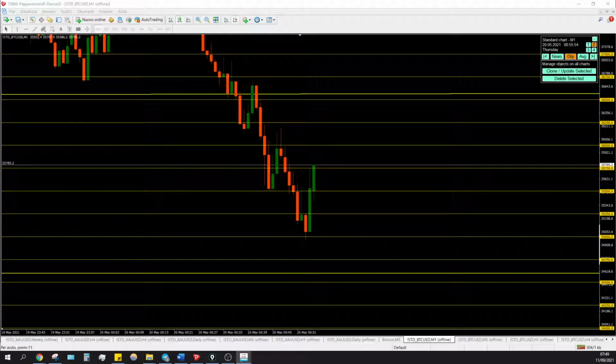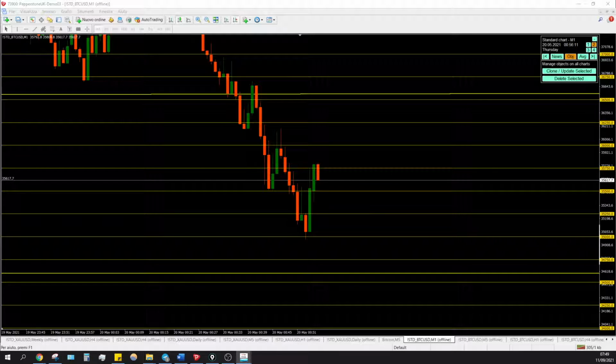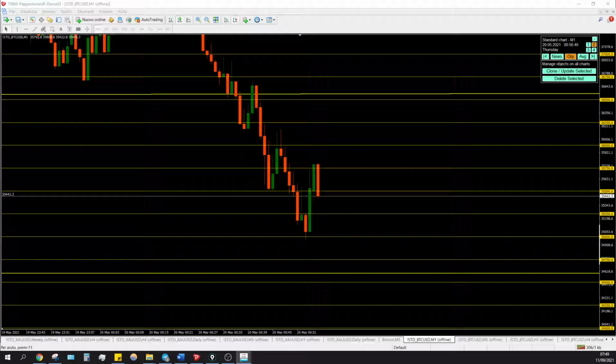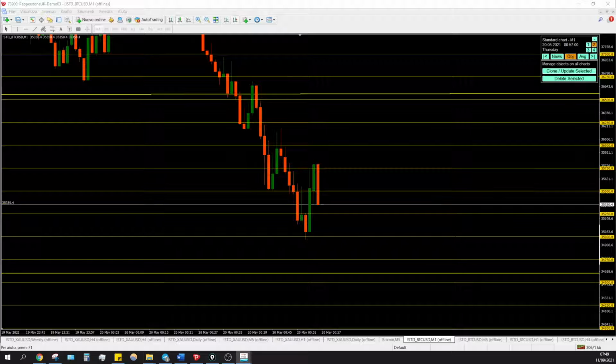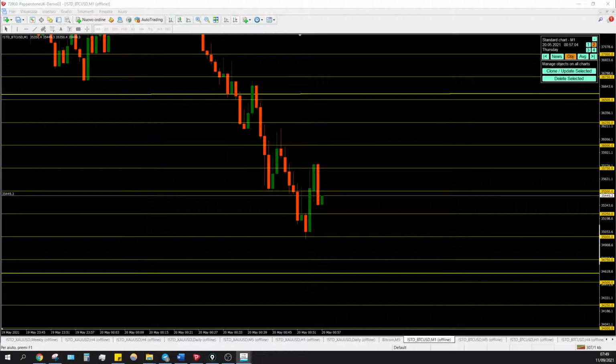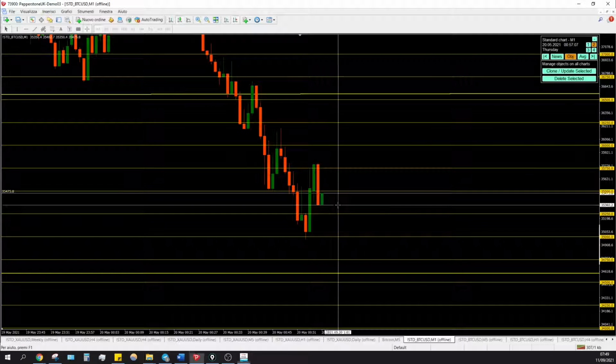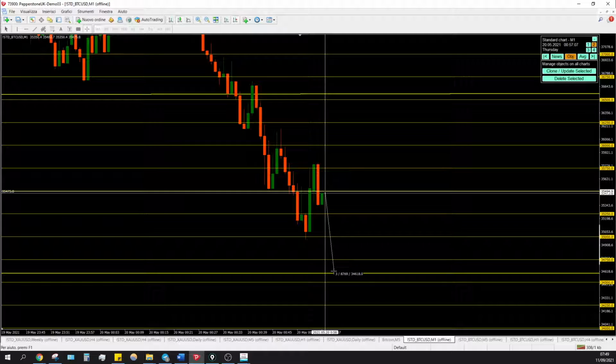Looks like we are bouncing off this level. This is a nice close. Let's see if we make a top wick. Of course, the stop loss will be huge. Top wick. 90 pips.